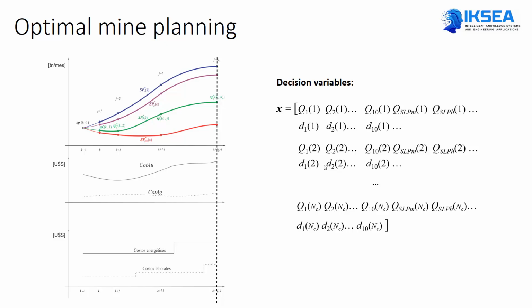Once the optimal value of these decision variables has been obtained, only those of the first time are used, and the process is repeated at the next time of optimization, as is typical of predictive control.